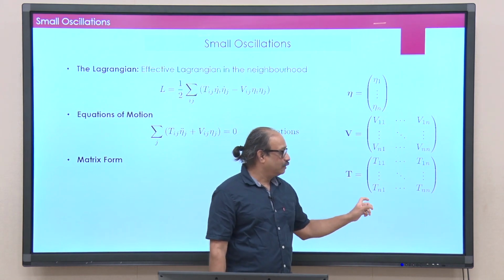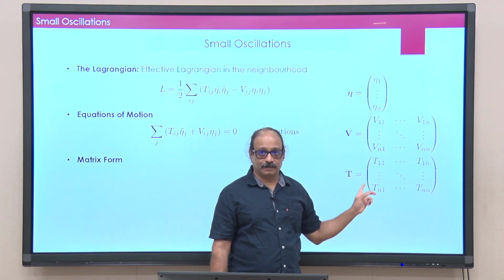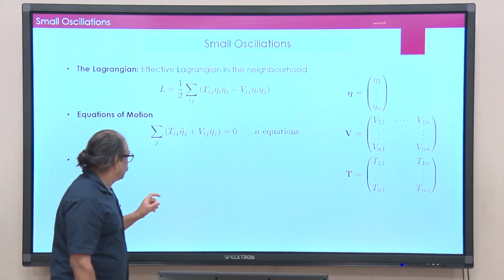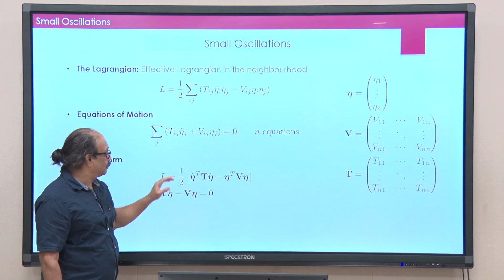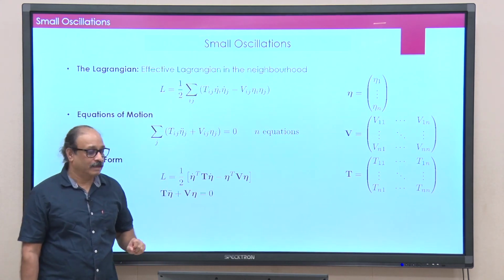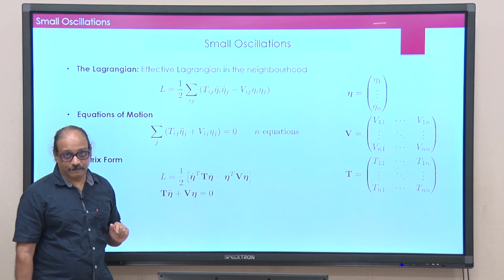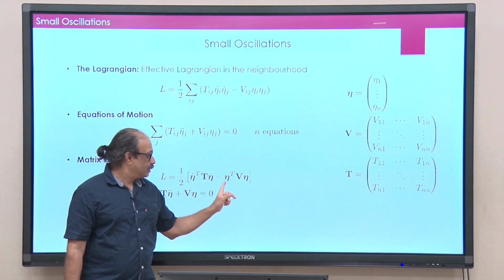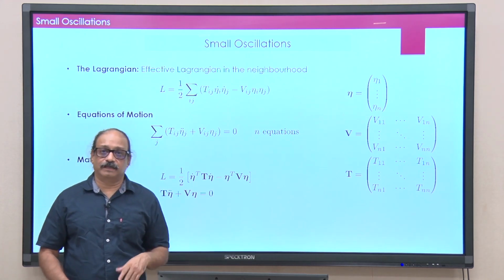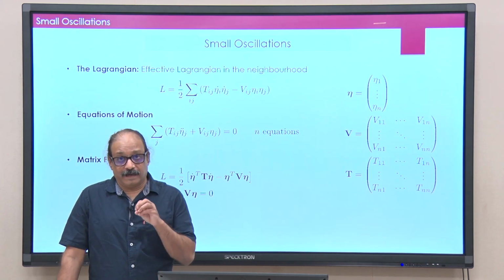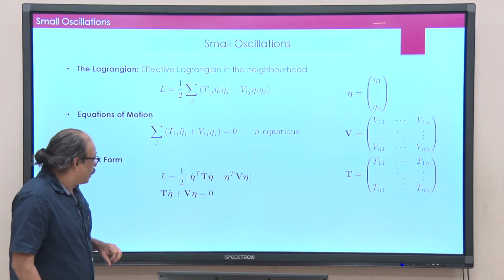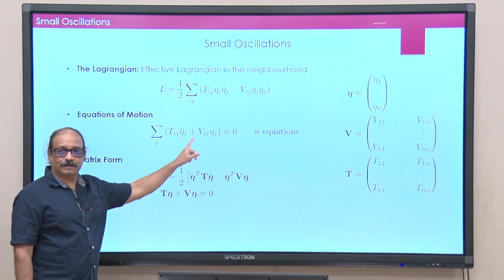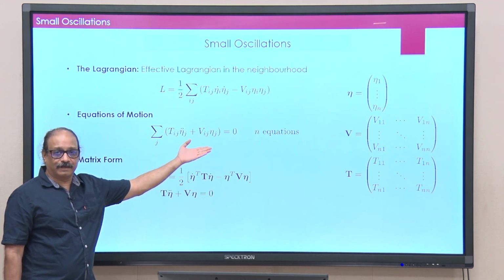The kinetic energy also fits into a neat matrix form, and then if I write this Lagrangian, that would be half eta dot transposed T matrix eta dot minus eta transpose V eta. So, it has a very neat matrix form, and the equations of motion after taking derivative, or you can just look at this equation here, this does look like a matrix equation.